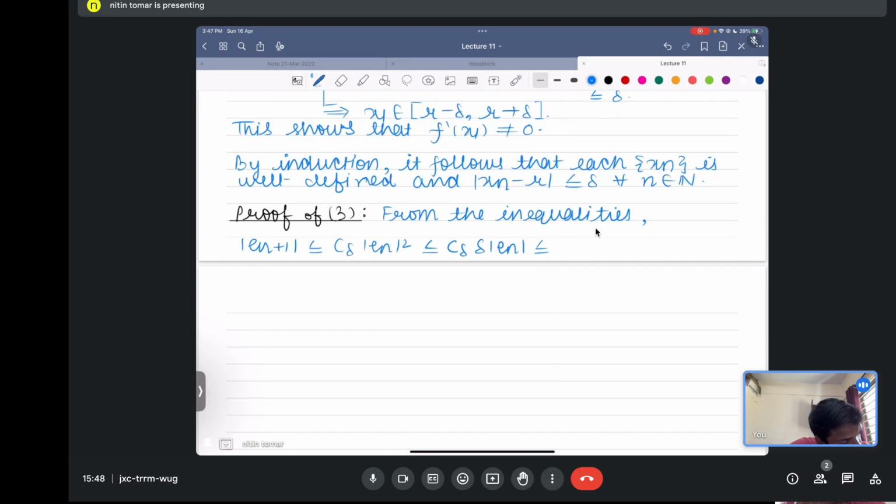But again you use this inequality on E_n, so you will get this. This happens for all n, right?